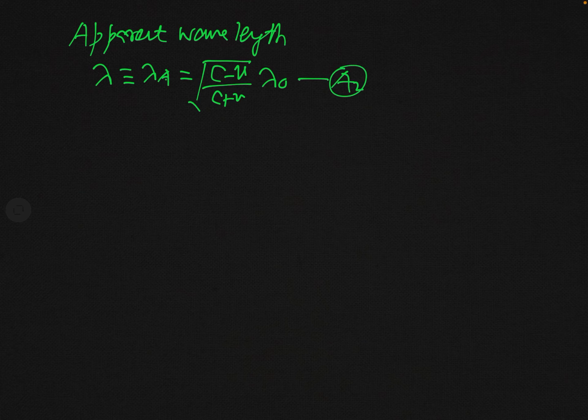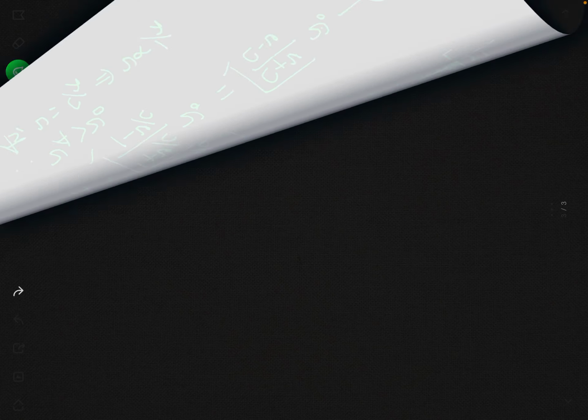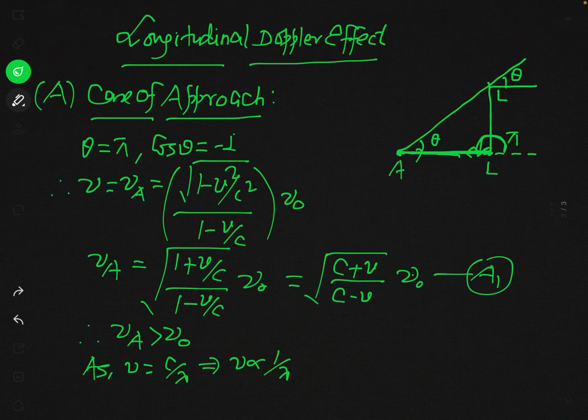So in this condition, you can see that lambda A is actually... You can see that nu was greater, so this lambda A will be smaller than lambda naught.